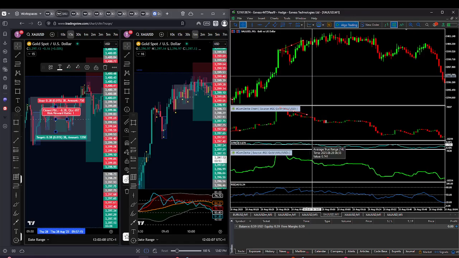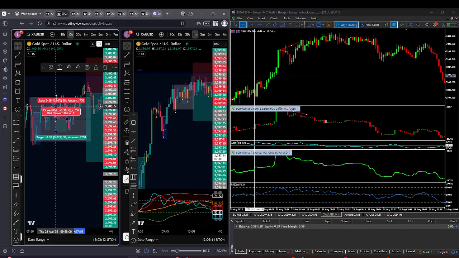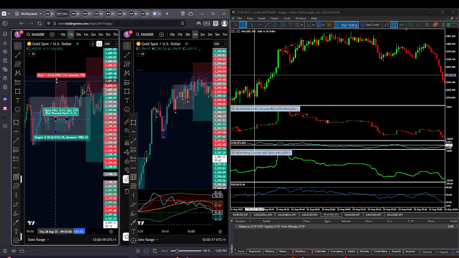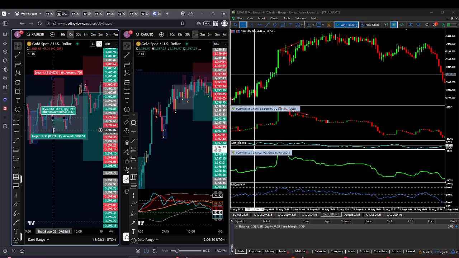You can see the ATR is 0.74, so most likely our stop loss will be 0.74, but remember to make it extra, 1.2 or thereabout.